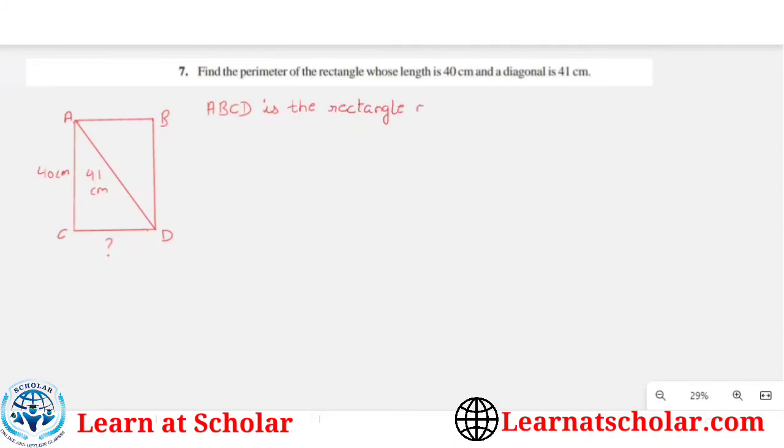The breadth is not given. We have to find out the perimeter of the rectangle. So it is necessary to find out the breadth. AD is the diagonal.